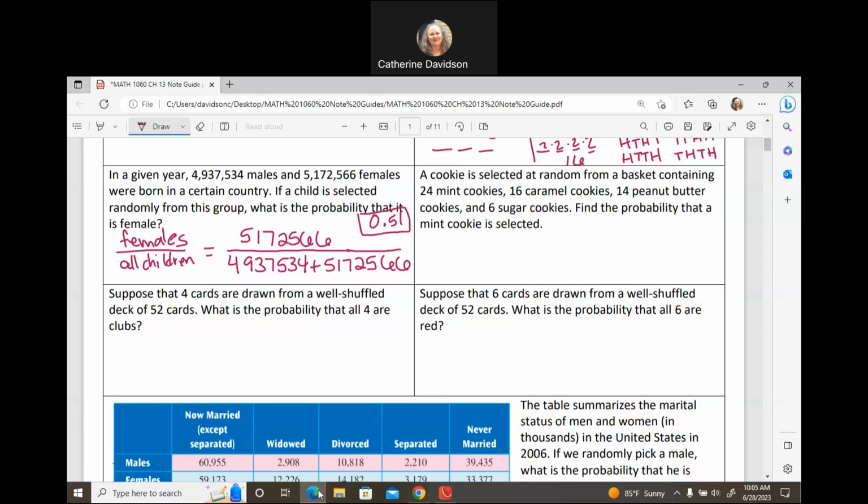A cookie is selected at random from a basket containing 24 mint cookies, 16 caramel cookies, 14 peanut butter cookies, and 6 sugar cookies. Find the probability that a mint cookie is selected. So first of all, how do we set this up in words? That would be mint over the total.